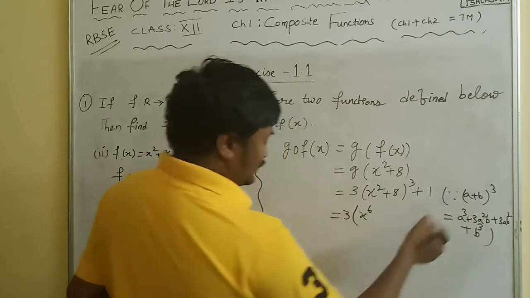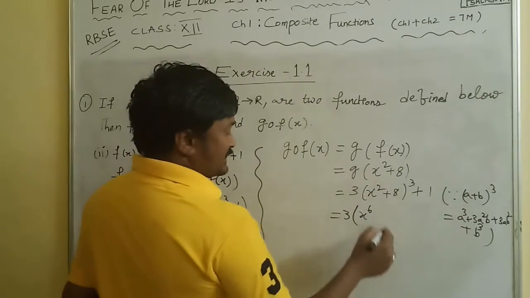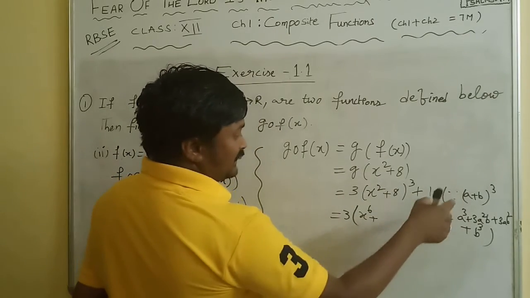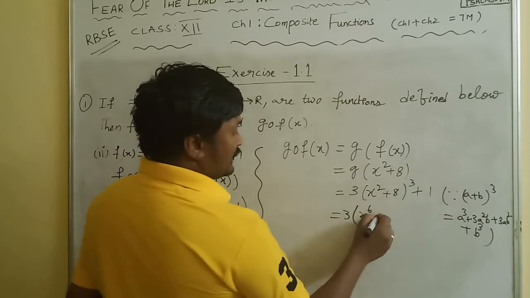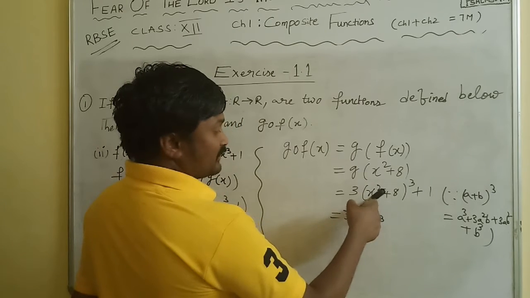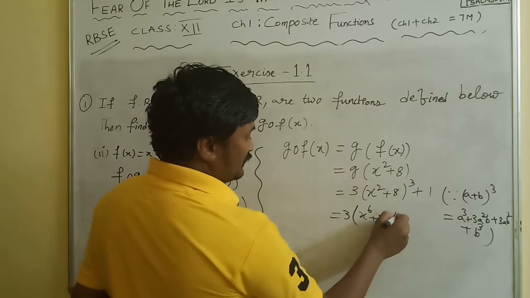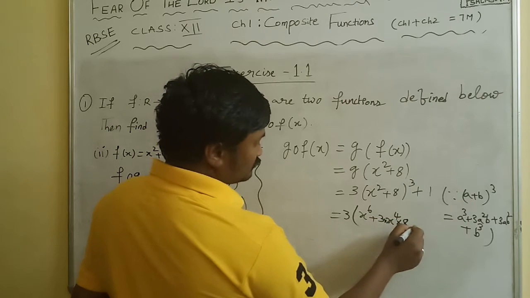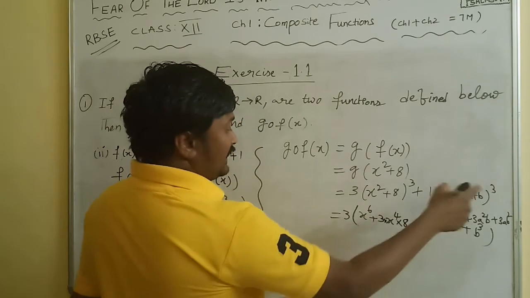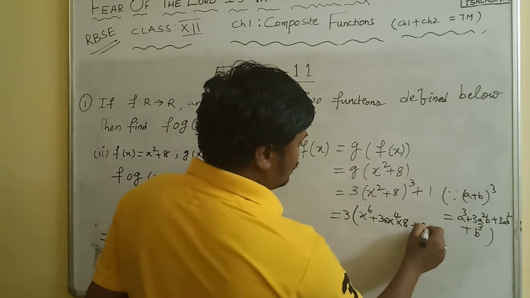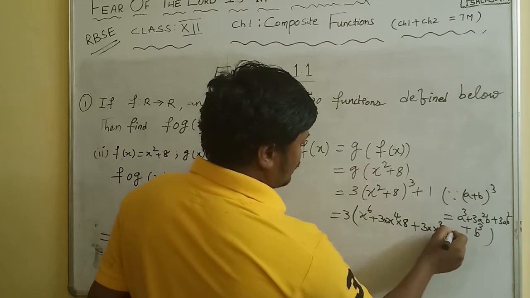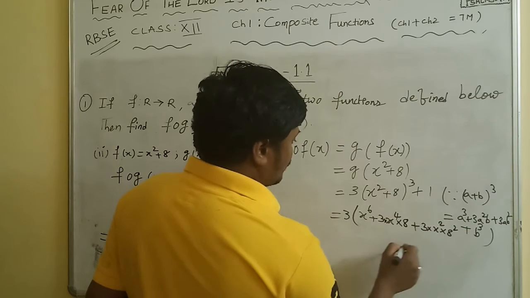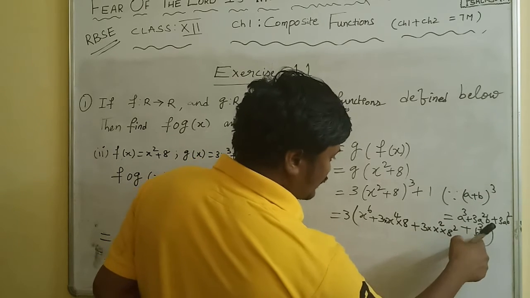So x power 6, then 3 into a square b. 3 into a square means (x square) whole square, x power 4, into b means 8, plus 3ab square. 3 into a means x square, b square means 8 square. So plus, after that, b cube.